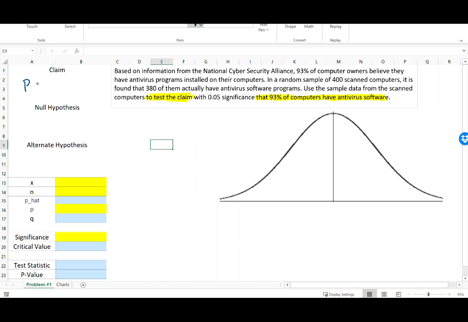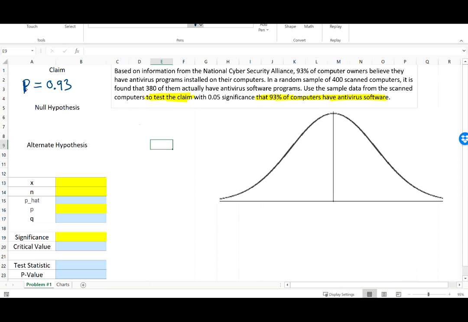So the proportion equals 0.93. That's the claim that we're testing. There's no mention in the problem about more than, less than, greater than, at least, at most. So there's nothing in the wording that tells us it's an inequality. So our claim is equal.